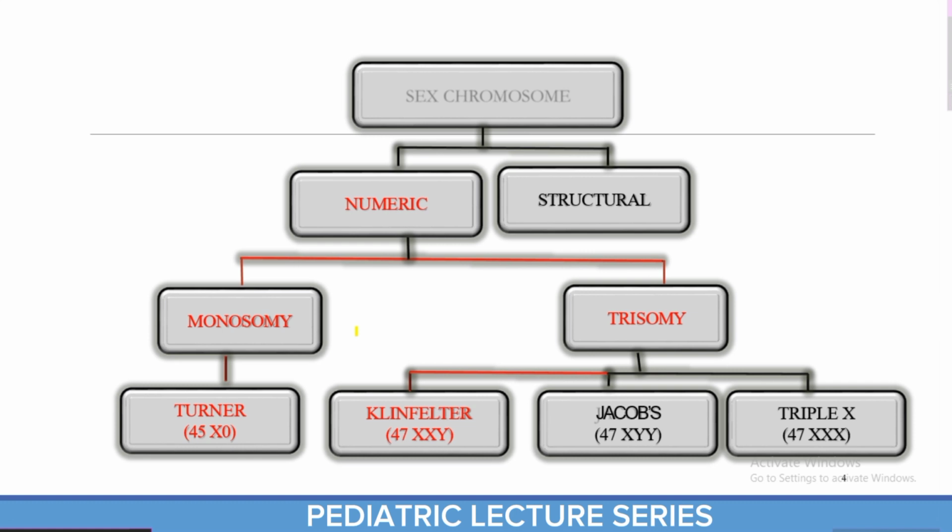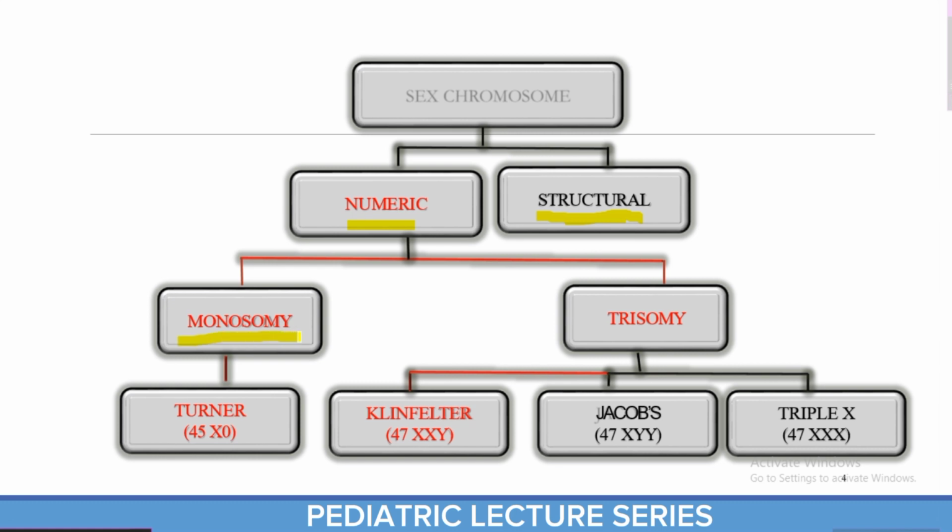In the classification, you can divide them under either structural or numerical. In structural, you have a change in the structure of the X or Y chromosomes. Numerical is the change in the number of chromosomes. Under numerical, you can have either monosomy.